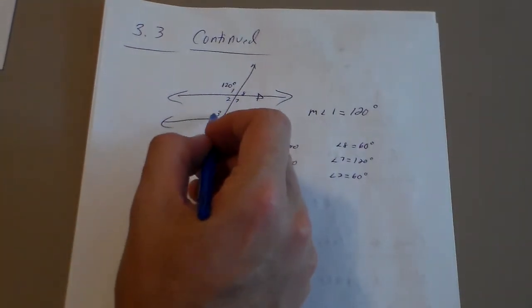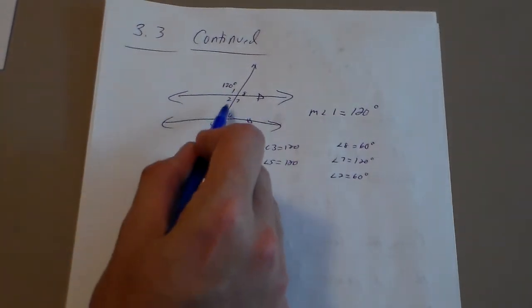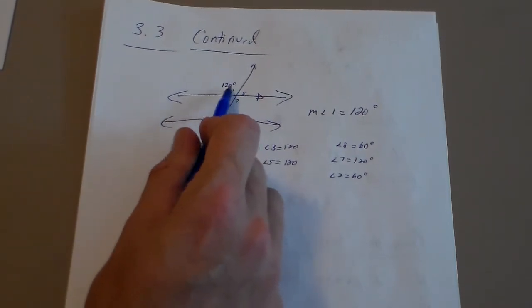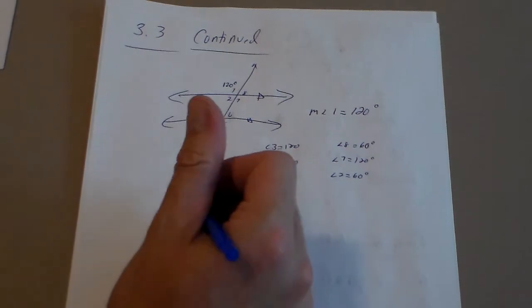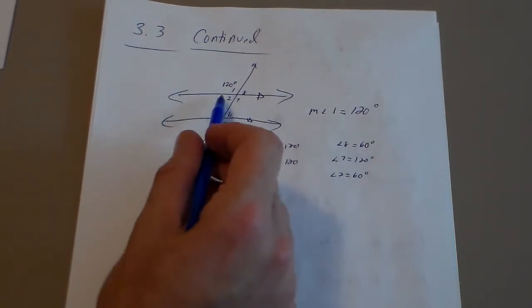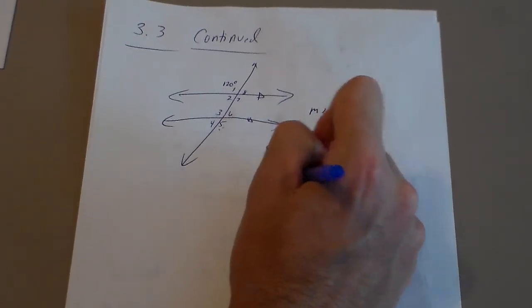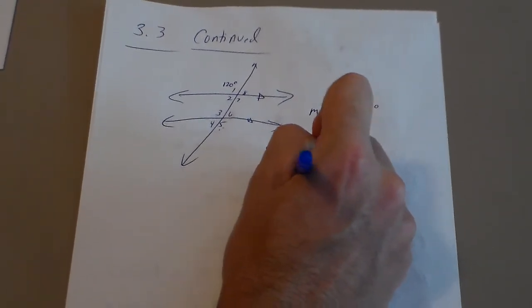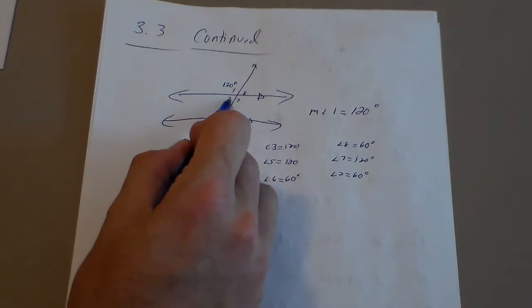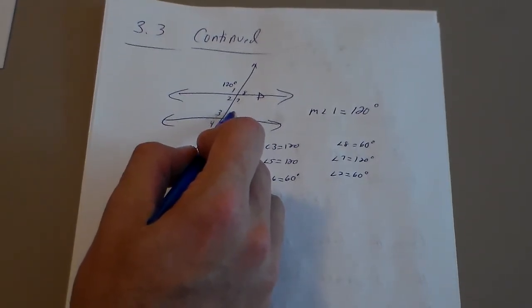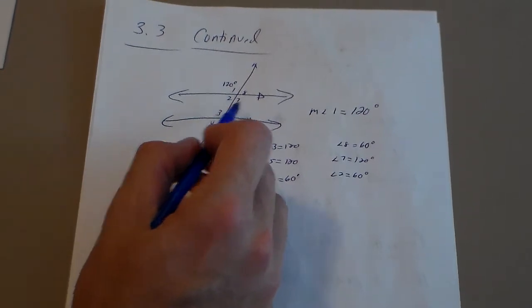We already know that 3 is 120. I could say these two are consecutive interior. I could say that these two are vertical, or these form a linear pair. So now if I know that 2 is 60, I can say that angle 6 is 60 because these two here are alternate interior angles, and alternate interior angles are congruent.